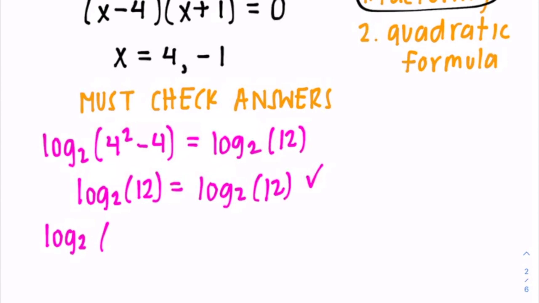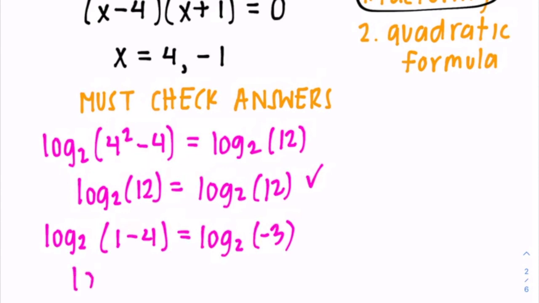When we plug in negative 1, we get log base 2 of 1 minus 4 equals log base 2 of negative 3. Log base 2 of negative 3 is equal to log base 2 of negative 3, but we have an issue.